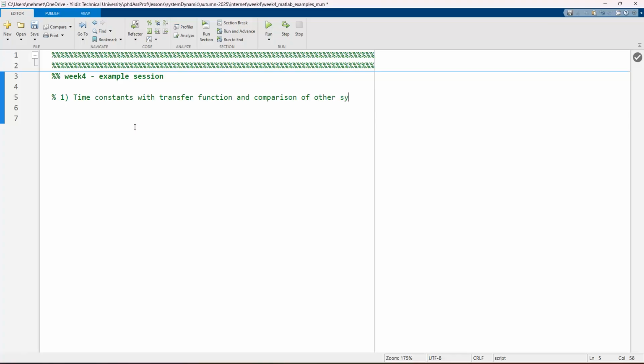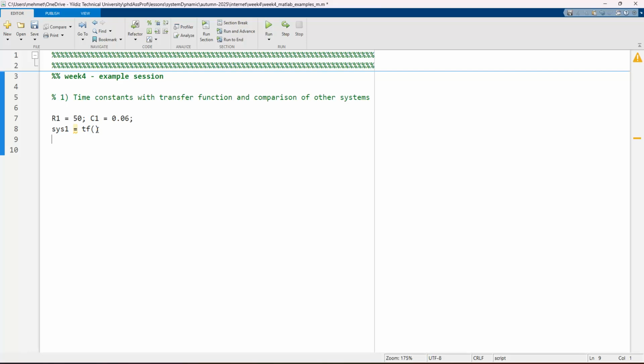of other systems. For example, we can define the RC circuit here. R1 is 50 ohms and C1 is 0.06 farad. So we can build system 1 with the transfer function code, just like this one.